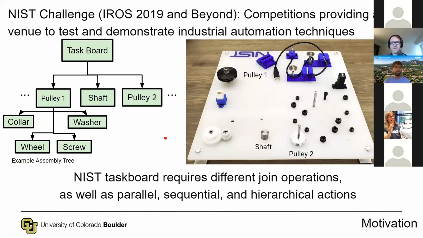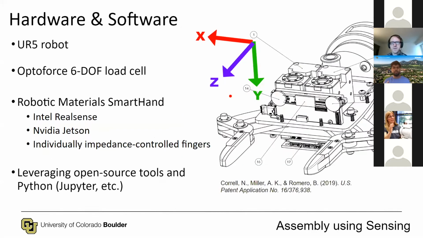So our system is based upon an array of movement, sensing, and computational capabilities that are useful in assembly and general manipulation. It consists of the Universal Robotics UR5 manipulator arm. Then we have an Optoforce 6-DOF force torque sensor that's attached between the UR5 wrist and the gripper.